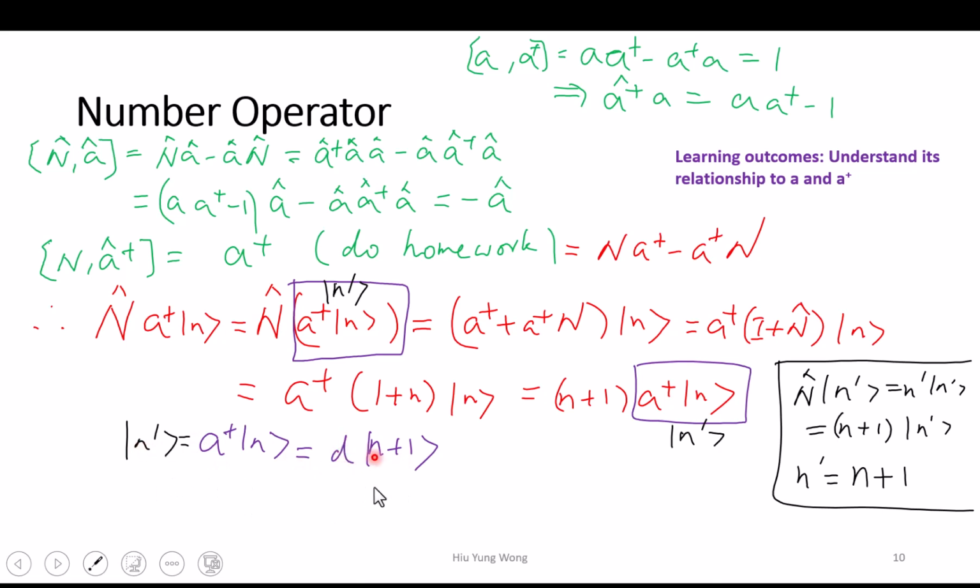Okay, but it doesn't mean that it's exactly n plus 1, because here I still have a constant that I can manipulate. Because even if this is 1,000 times n plus 1, I also have 1,000 times n plus 1, they get cancelled, right? Is this clear now? Basically what I'm saying is that I apply the a dagger to a vector, and then I measure it, I get n plus 1. Then it means I promote it from n to n plus 1 state. Question?